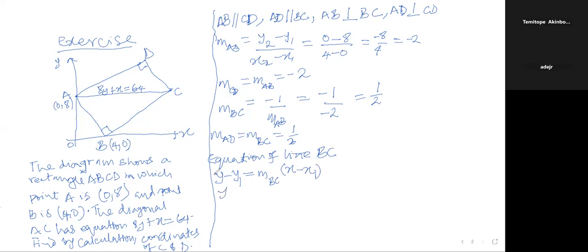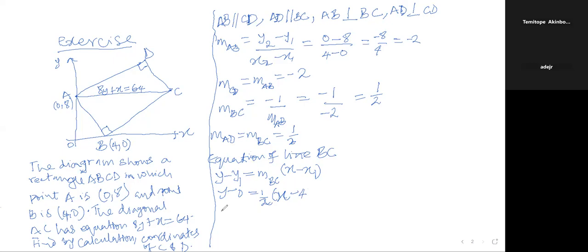So our point is the point B. So y minus 0 equals the gradient of BC that we have found, 1 over 2, times x minus x1. Our x1 is 4.